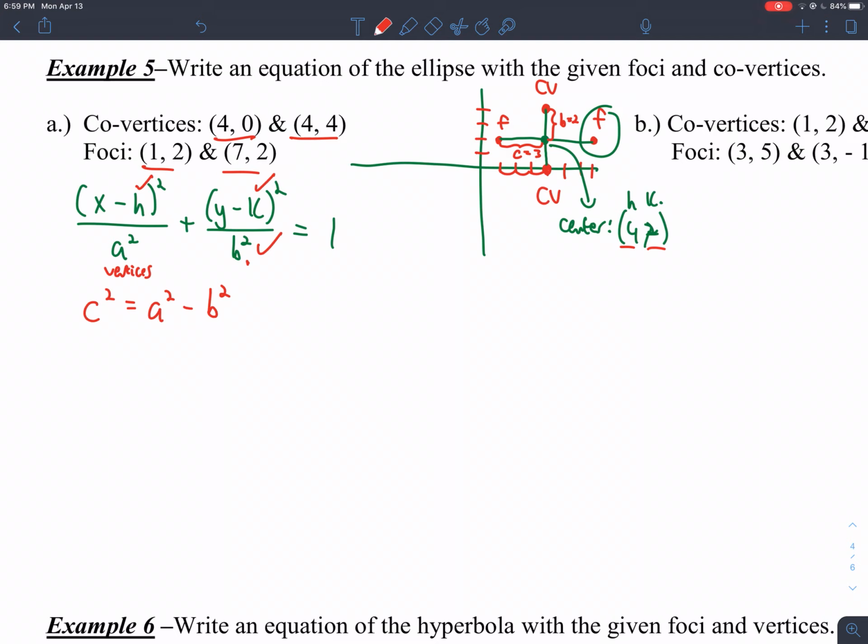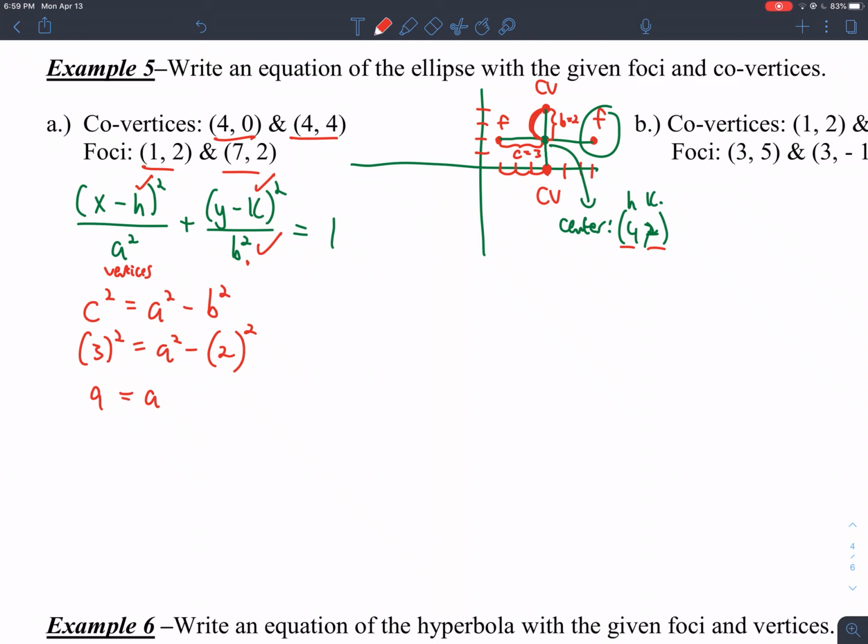That formula relates the foci, covertices, and vertices. Alright? So C is 3. A squared I don't know, but I know b is 2 because the distance from the center to the covertices is 2. Okay? And so from this, I can figure out what's going on.